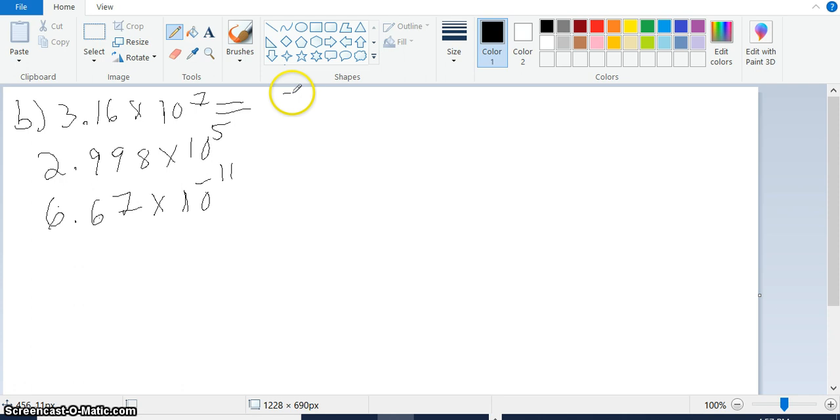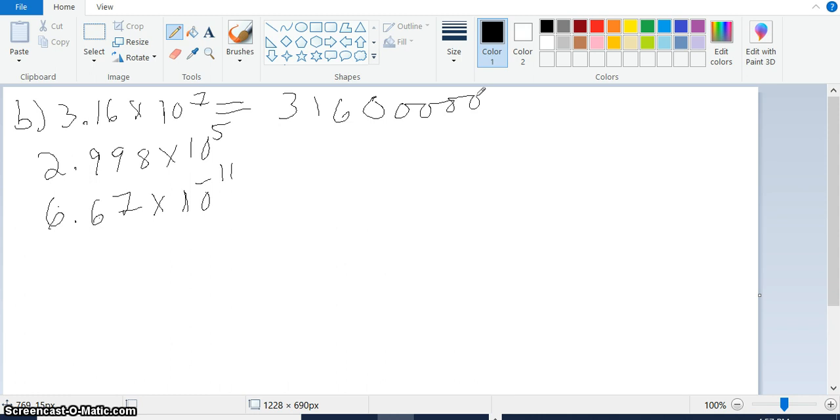So 3, 1, 6, then 0, 1, 2, 3, 4, 5, 6, 7. Let's make sure that looks right. It should have 5 zeros, yes, good.